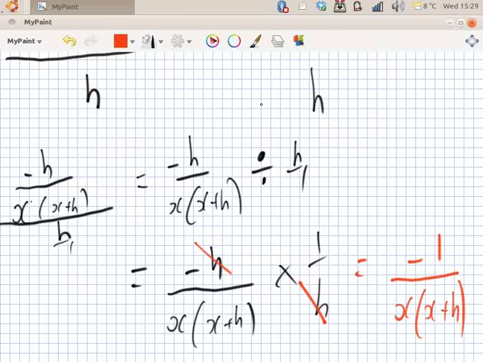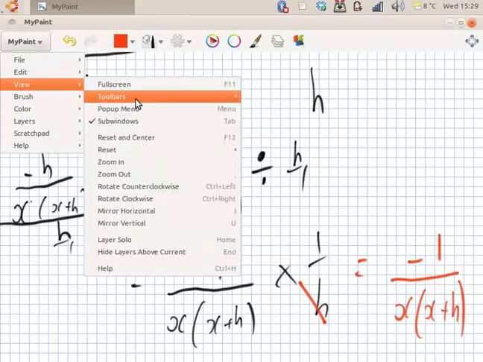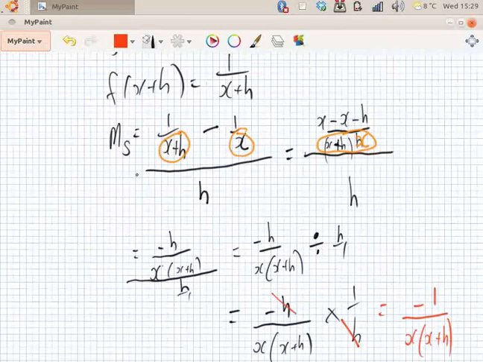And before anybody asks me, I'll zoom out. Yeah, but see, I can't write this small, so I can't continue keeping it like this.